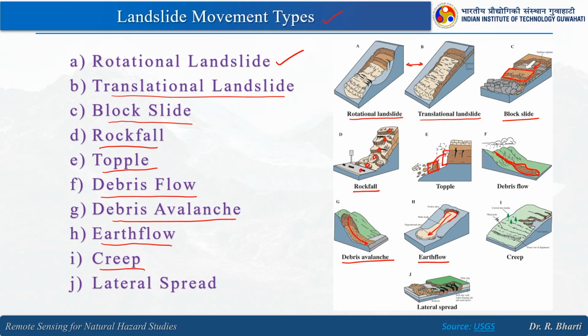Then you have creep, where you see a simple normal displacement. It is very difficult to identify in the field, but I have a few photographs that will help you realize how creep appears in the field. Then lateral spread.